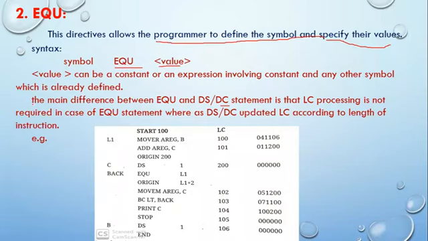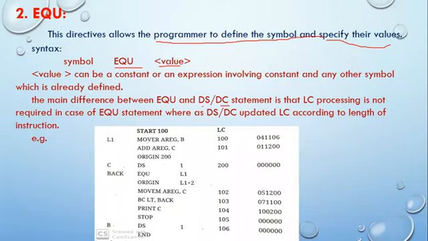Now after that we consider the main difference between EQU and DS, DC. These are the statements used in the declaration of a particular symbol. The difference is that LC processing is not required in case of the EQU statement. There is no need to perform LC processing when we use the EQU advanced assembler directive.